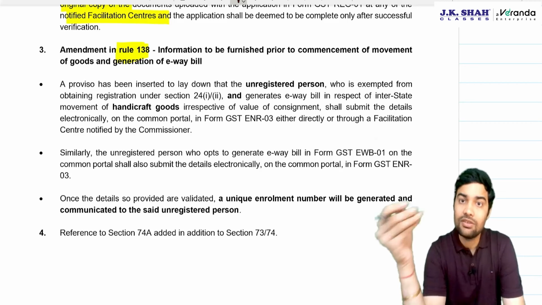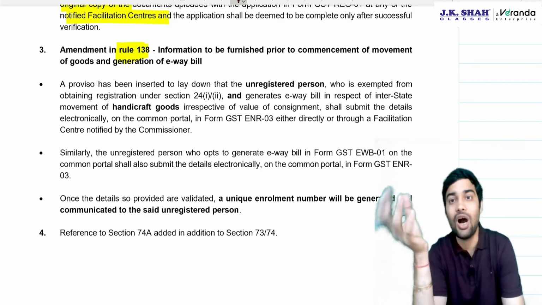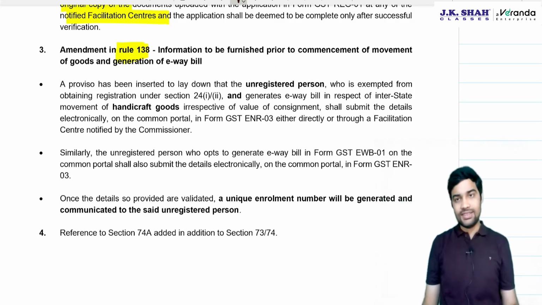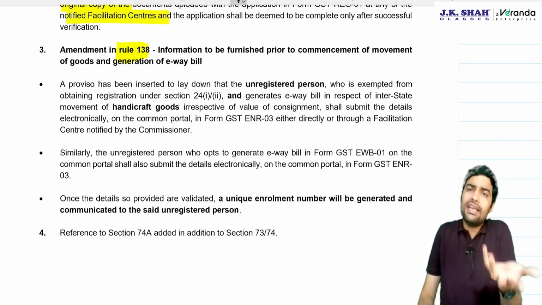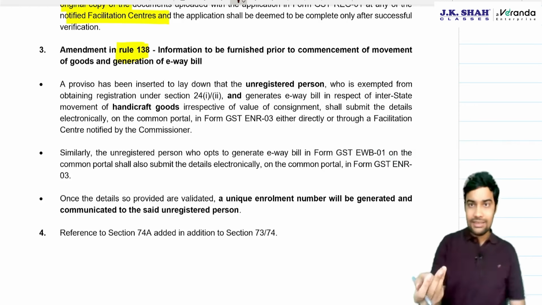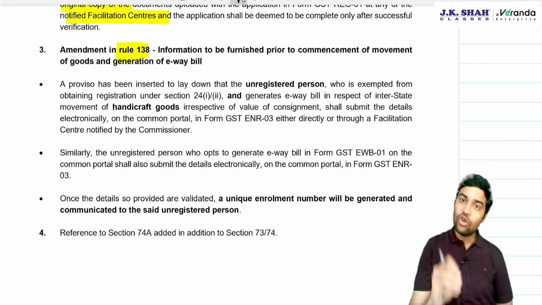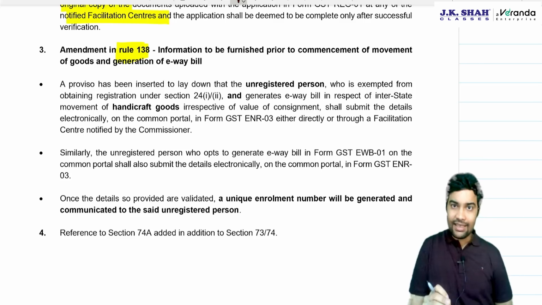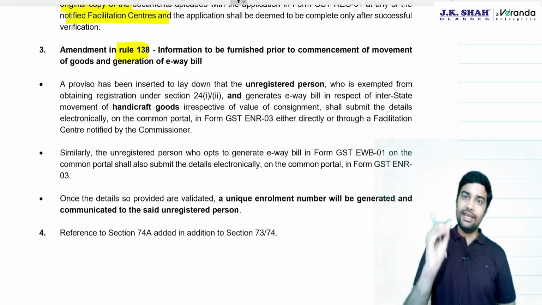Now the problem was, though it is mandatory to generate e-way bill, there was no process as to how I take enrollment on the e-way bill website. Now they have said that anyone who falls under this category, or an unregistered person, because for an unregistered person it is optional, who wants to generate e-way bill can take an enrollment number on the e-way bill website, and by taking that enrollment number, he will be able to generate e-way bill.